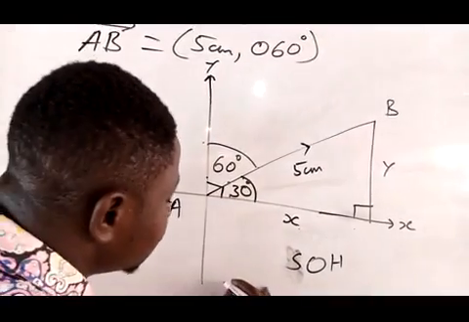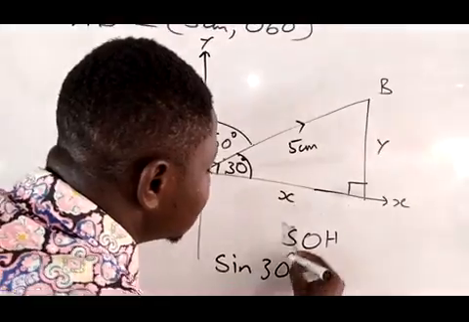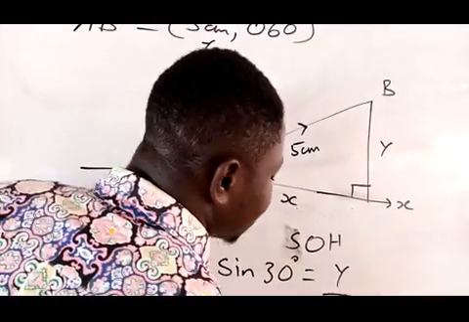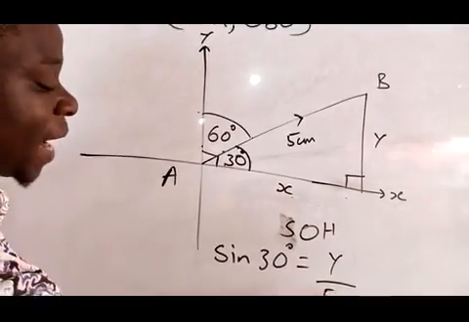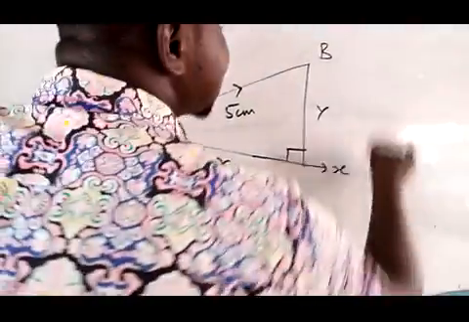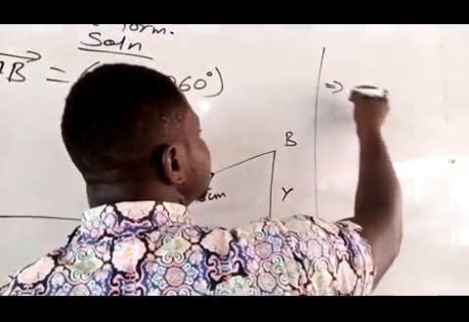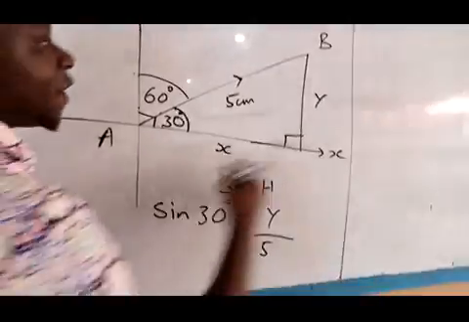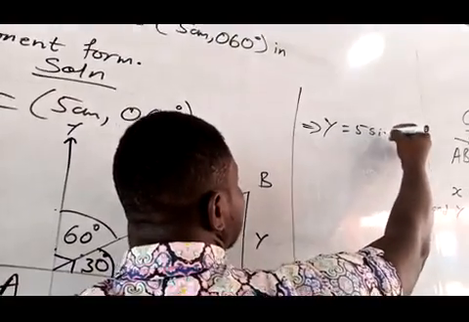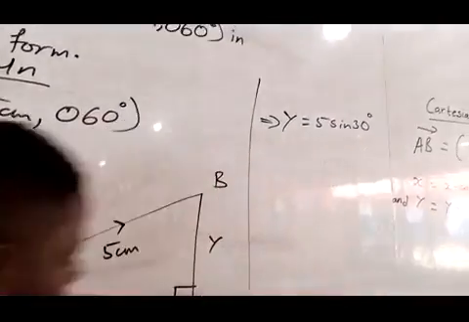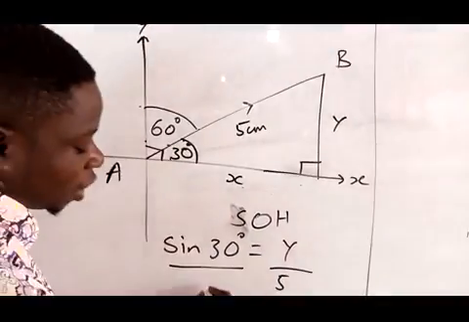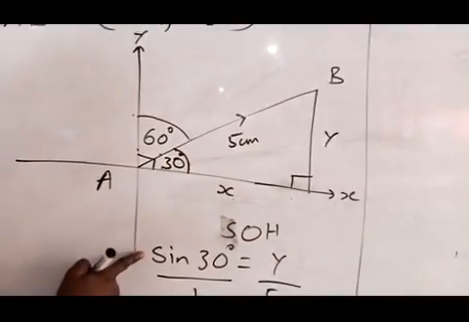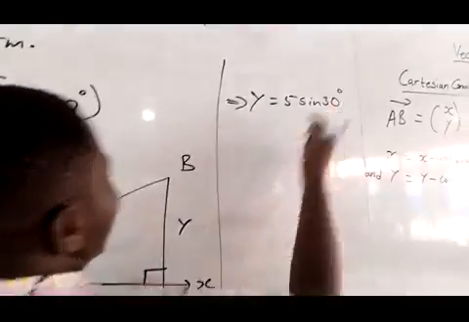So it means we are going to use sine 30 degrees equals opposite, which is y, over hypotenuse, which is 5 centimeters. We can get y by cross multiplying. So y equals 5 sine 30 degrees, because this comes here to multiply, this is like over 1. 1 multiplies y, it gives us y. 5 multiplies sine 30 and gives us 5 sine 30.